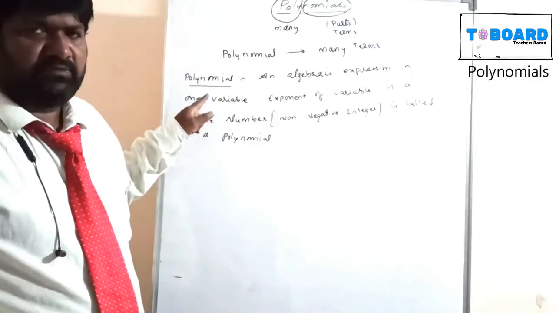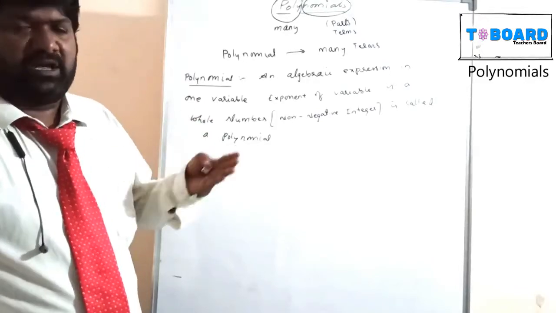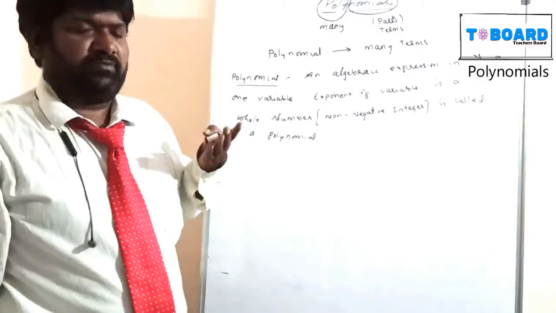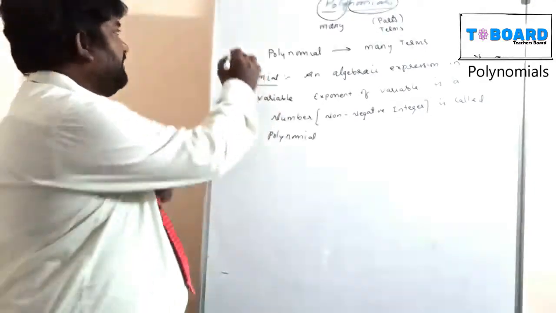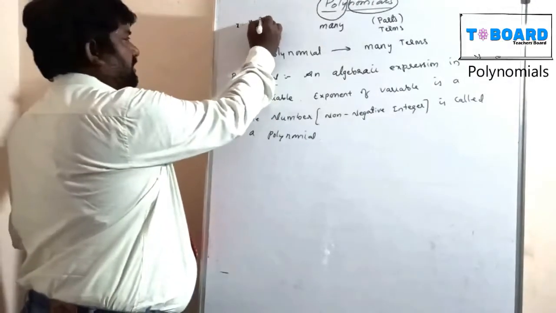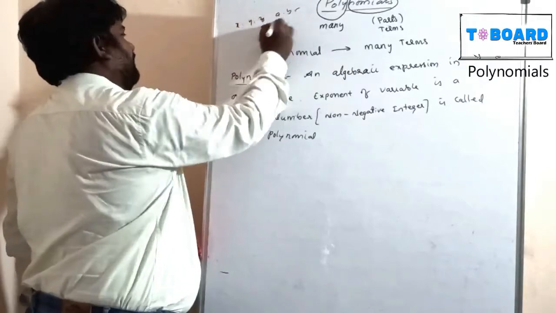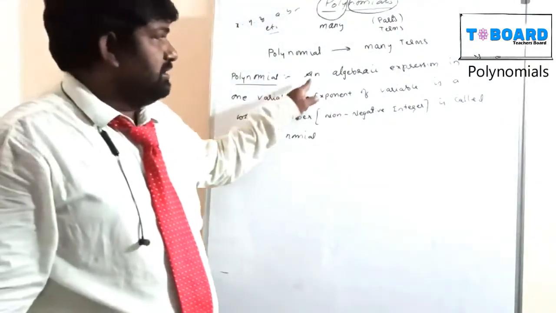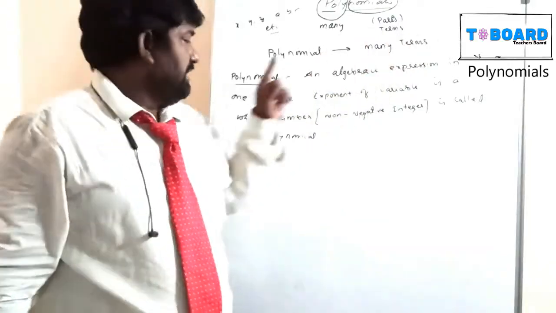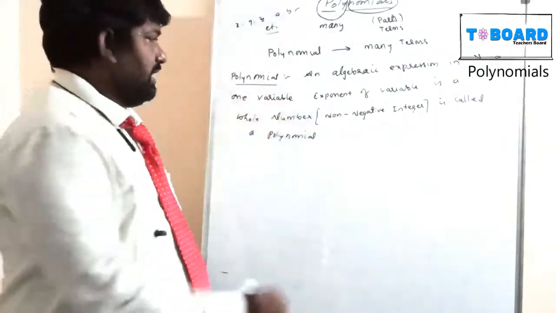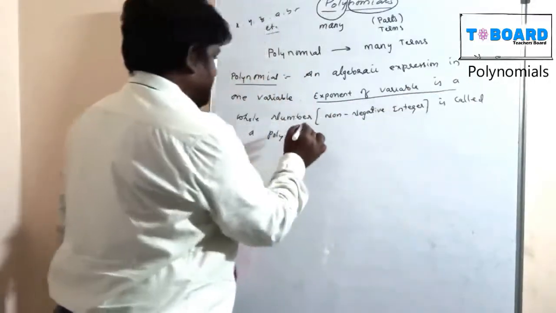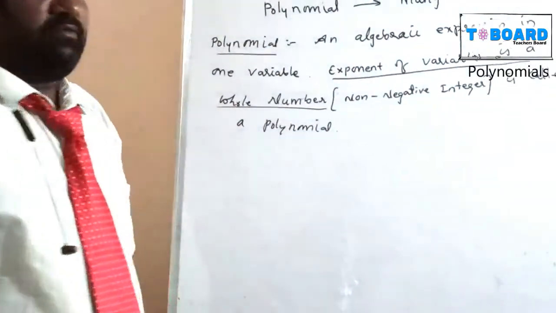An algebraic expression in one variable only. In this 10th class, one variable. In your higher education, two variables, three variables. What are variables? X, Y, Z, A, B, C, like this. These are variables. What are whole numbers?